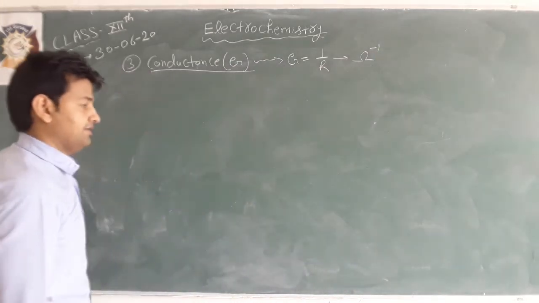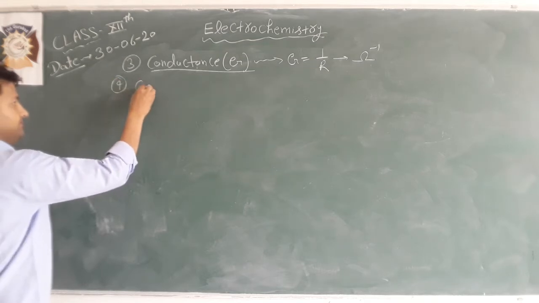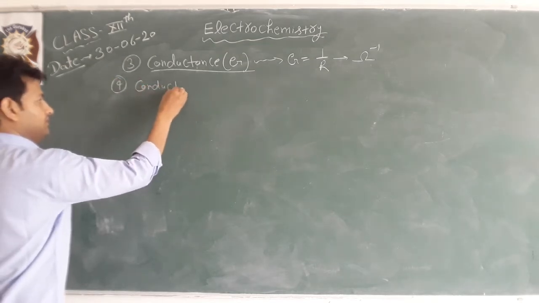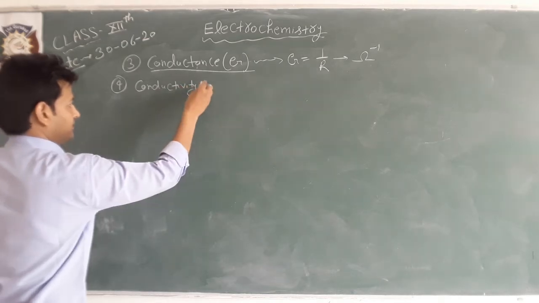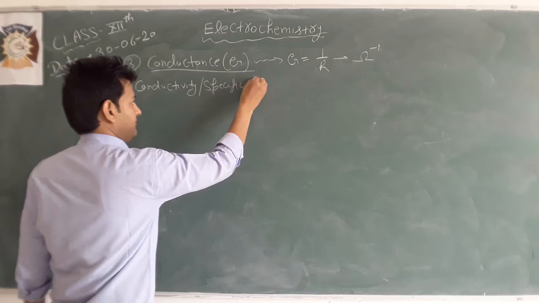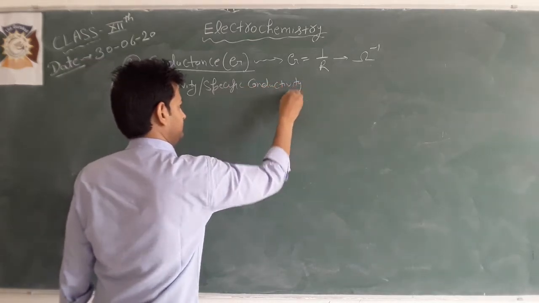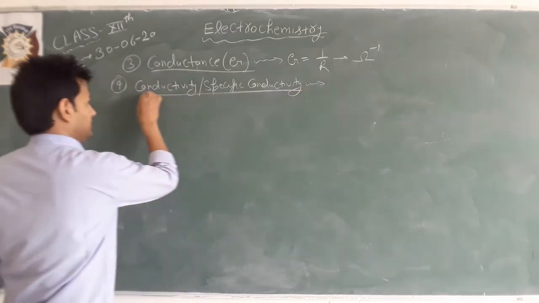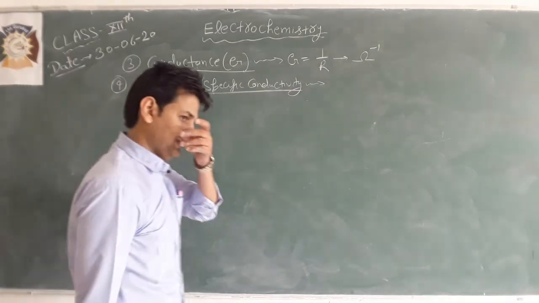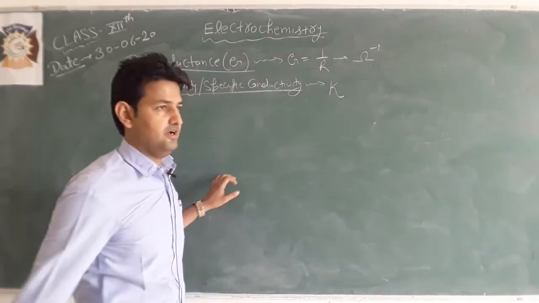Next term is conductivity or specific conductivity. It is important. This is represented by kappa. K we will bend a little like this, then it is kappa.